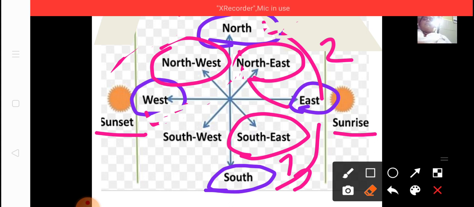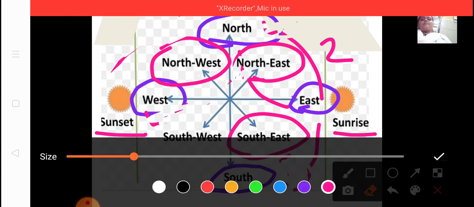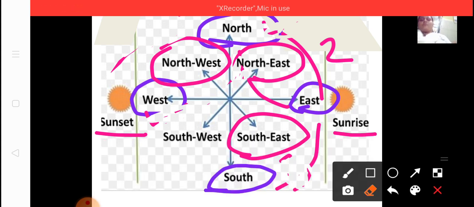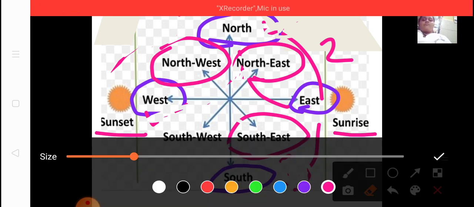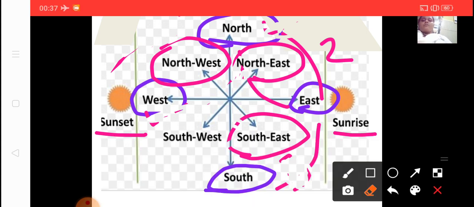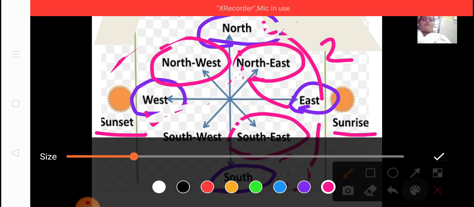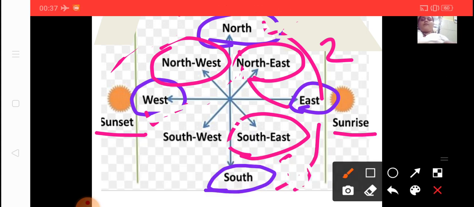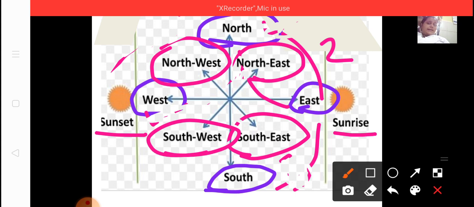And the area between south and west is known as southwest direction. See, this is known as southwest direction. So you have four main directions and four sub directions.